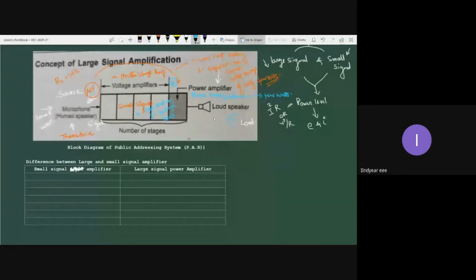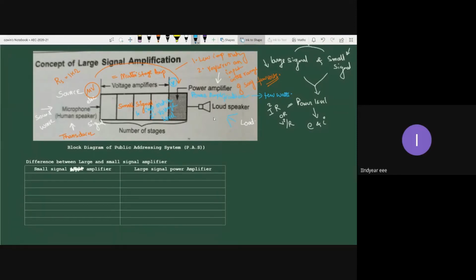Or to that matter, even any musical system: if you consider it, it will have a multi-stage amplifier cascaded to a power amplifier. The load is always the speaker system, and the source can normally be a microphone in the case of a public addressing system, or in the case of a musical system it can be an mp3 track or any other audio signal that you are going to play.